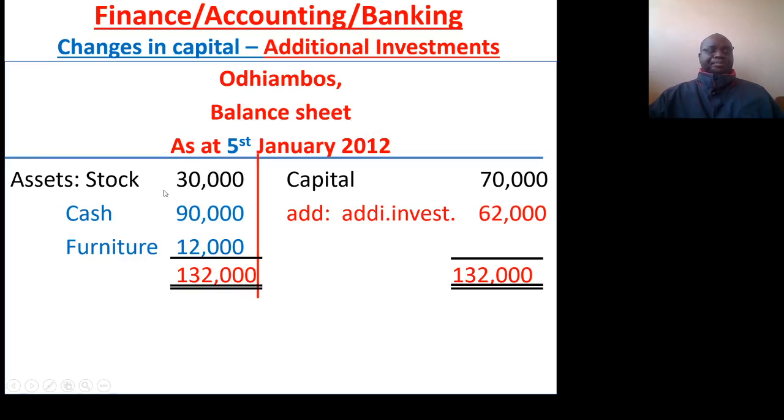So the stock 30,000. Cash will have increased to 90,000. Furniture, 12,000. And then capital will have increased by 62,000. That is the 50,000 that was brought in and 12,000 that was also brought in. And the balance sheet will have totals equivalent to 132,000.